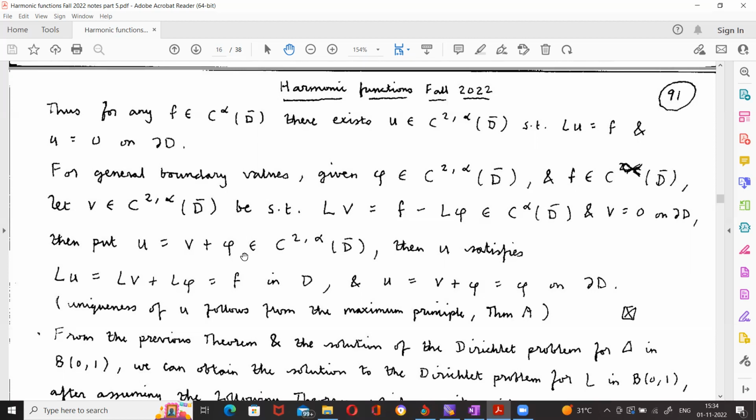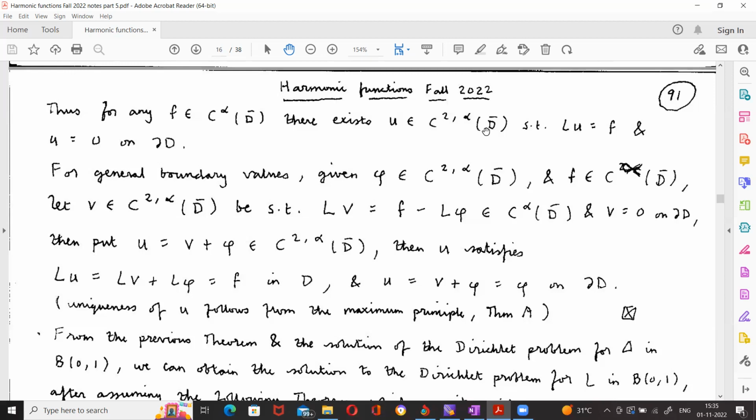Okay. Yes. So, sir, can you repeat this last thing that you said? Yeah, here in the last step, we need the boundary values phi to extend to a C2 alpha function inside, right? This is the only place where we require this. We didn't need it in the earlier step.